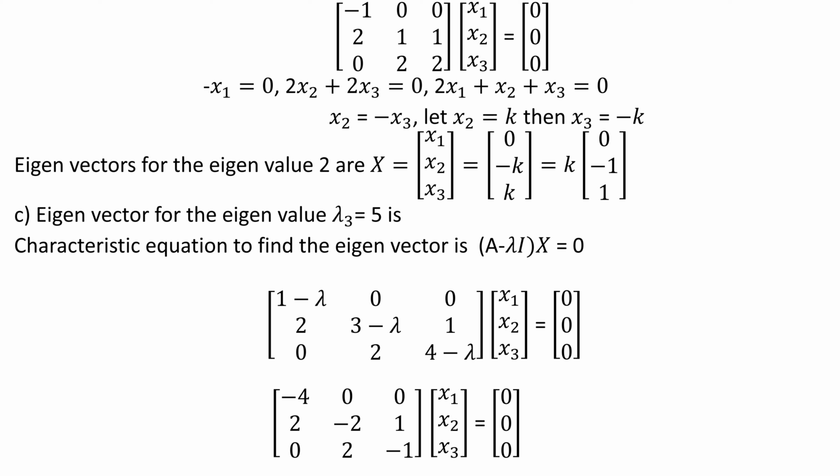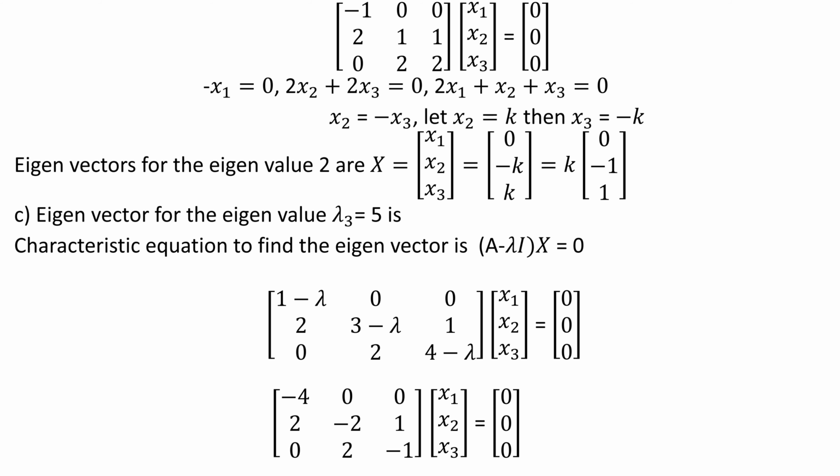Eigenvector for the eigenvalue lambda 3 is equal to 5 is nothing but the characteristic equation to find the eigenvector is A minus lambda I into x is equal to 0, where A is the given matrix, lambda is eigenvalue 5 into I, the unit matrix, that is 1 0 0, 0 1 0, 0 0 1 into x, which is the required eigenvector.